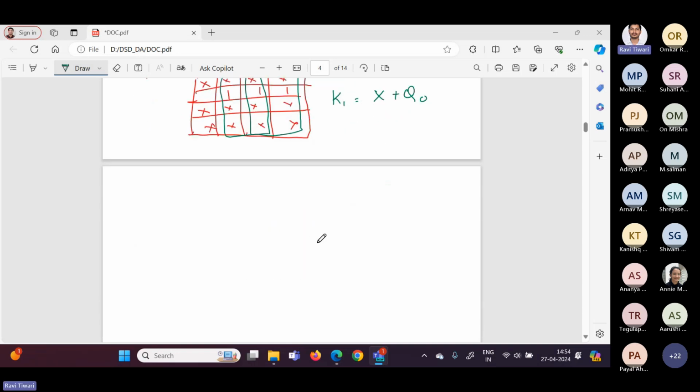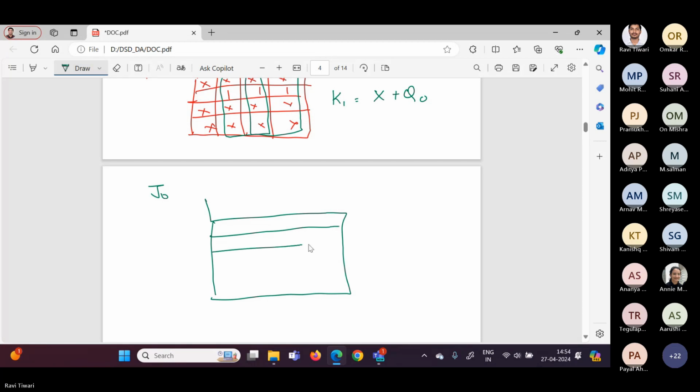Similarly, we have to draw the K map for J0. For J0, also I'm making the K map, and it will be 1, don't care, 1, 1, don't care, don't care. And this is 1, then don't care, don't care, don't care, don't care, don't care. And this is also a don't care condition.